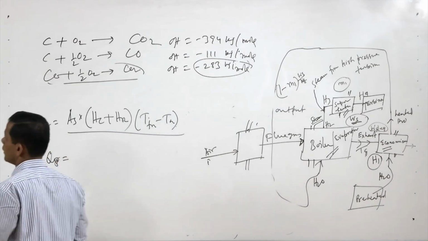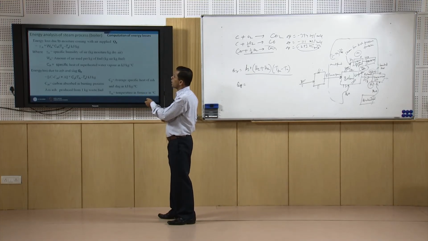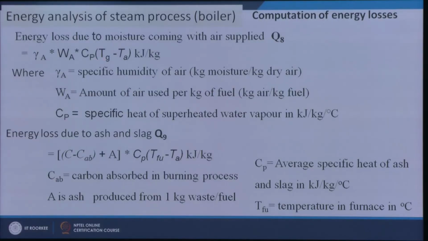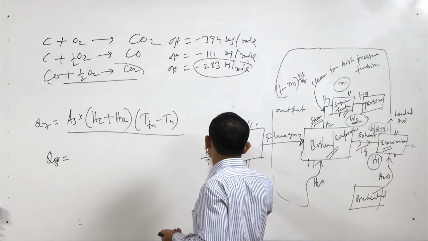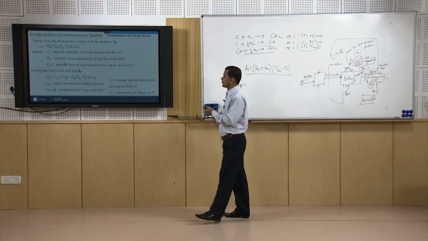So, Q8 is equal to the humidity of the air into the amount of air used WA into Cp into Tg minus Ta, that is the temperature change from ambient to Tg. In this case, for the air containing moisture, the latent heat is not considered.